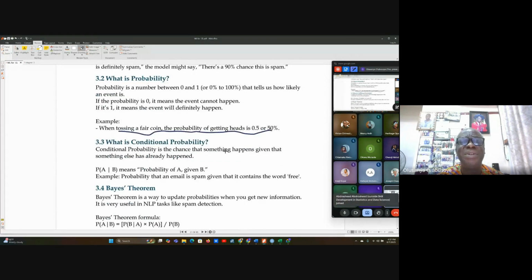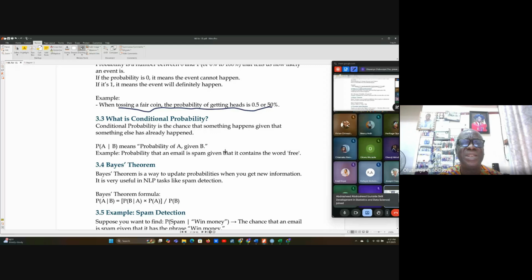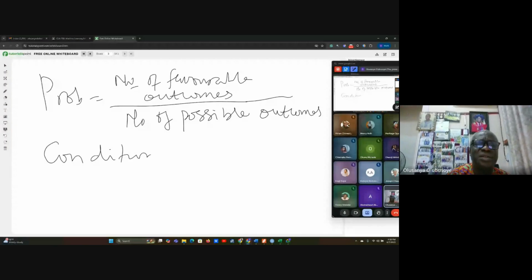Now, another concept that is very important is the concept of conditional probability.